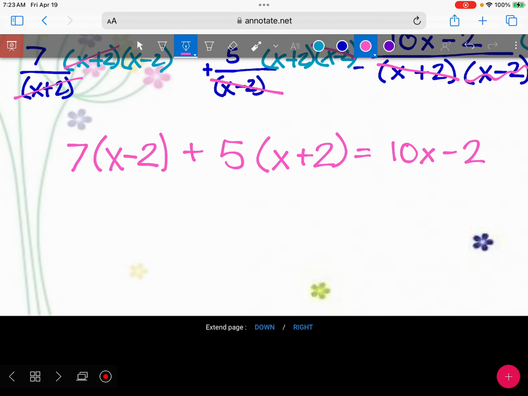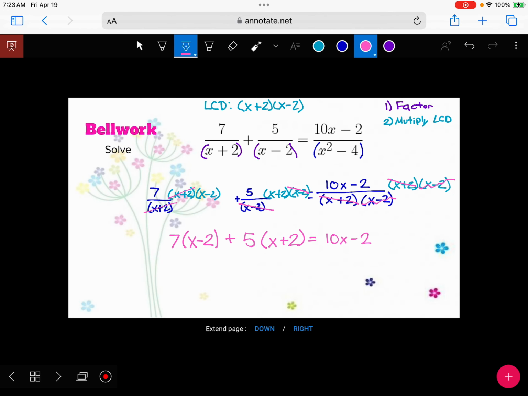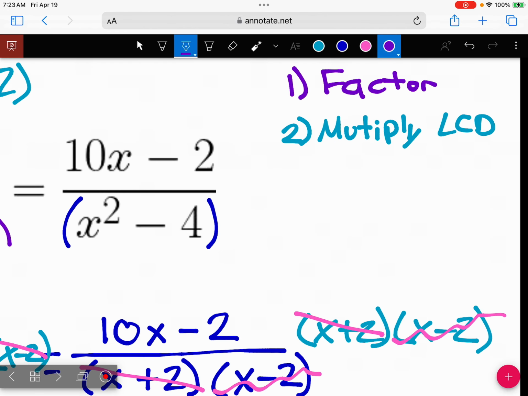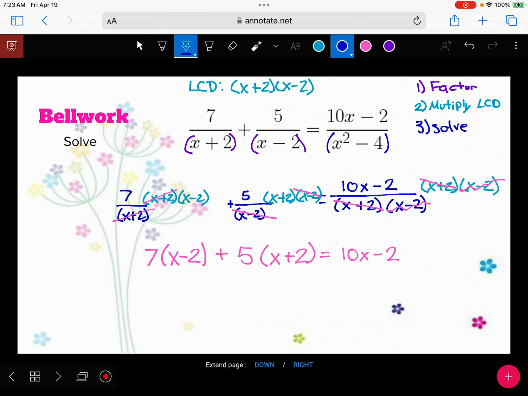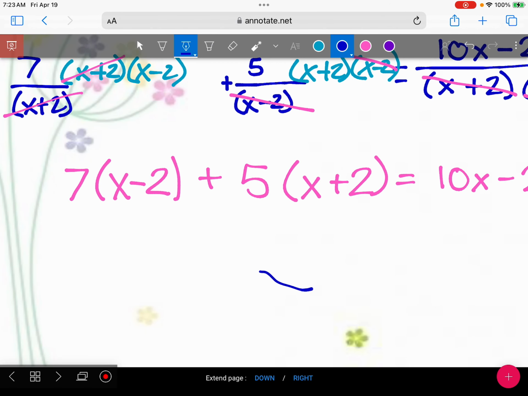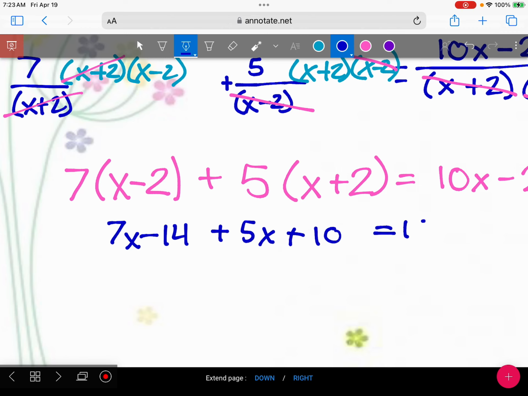So now in order to finish solving this, because that's our next step, would be to simplify, which we just did, and solve. So we're going to do all these distributions. We're going to wind up with our 7x minus 14 plus 5x plus 10 equals 10x minus 2.